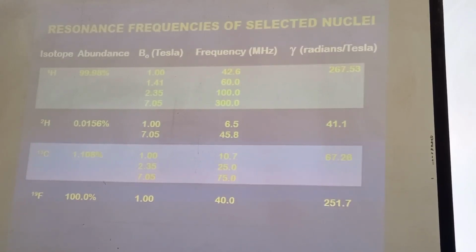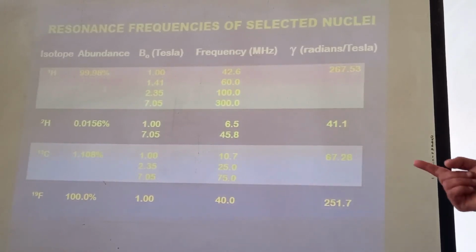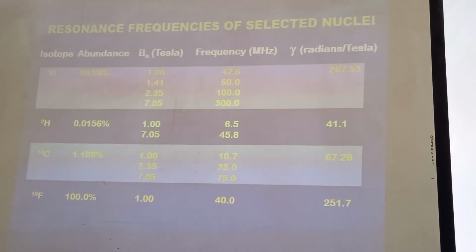But out of those 100 molecules, there will be only 1 molecule in which the carbon would be carbon-13. Rest of the 99 will have carbon as carbon-12, which means that for you, those 99 molecules are useless. If you want to see carbon-13 in methane, those 99 molecules are useless. Only that 1 molecule is useful.